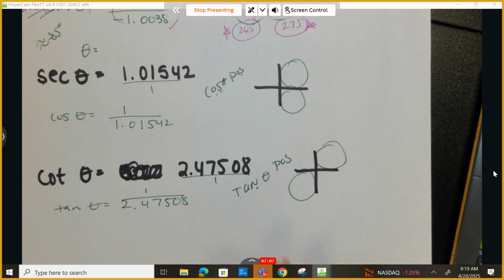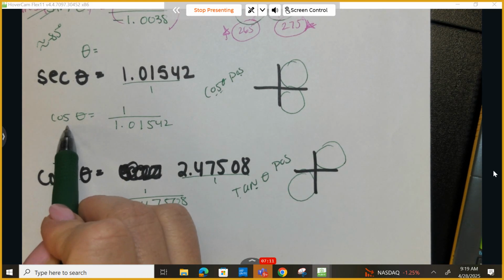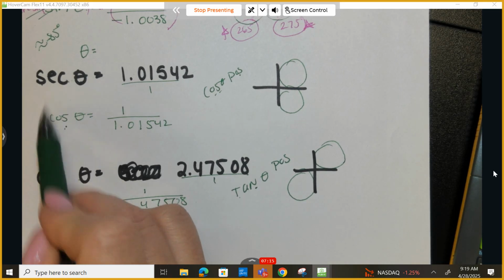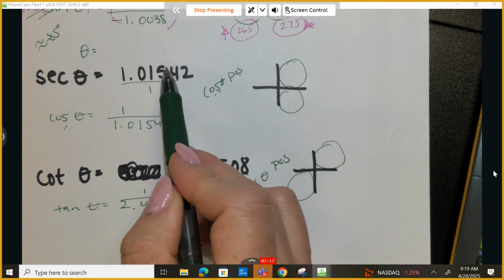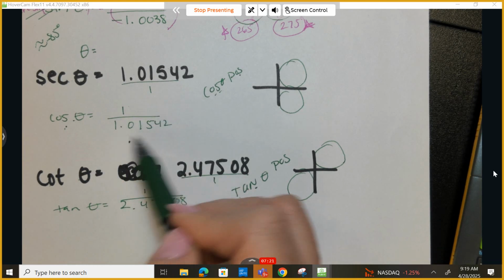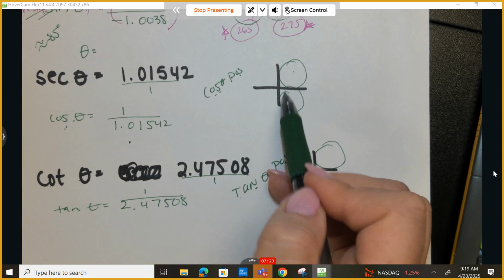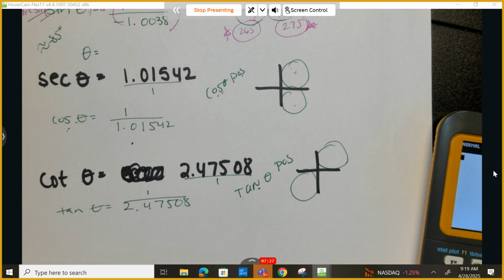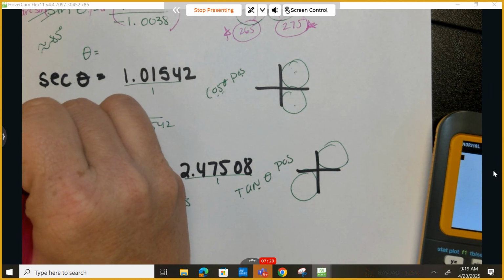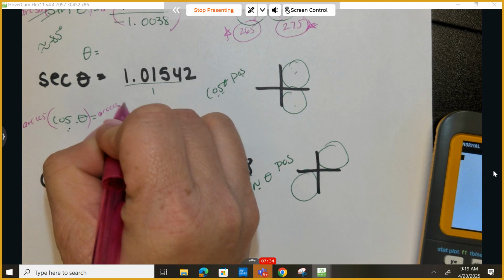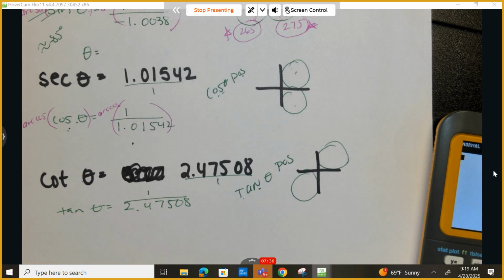Let's try the next one. Now, we've already rewritten this in equivalent form. Secant and cosine are going to be related. They are reciprocals of one another, so I put 1 over this amount. Great. I know that the cosine is positive. That means my two angles have to land in quadrant 1 and quadrant 4. Okay, here's the first thing we're going to do. We're going to do arc cosine to the left, and arc cosine to the right.